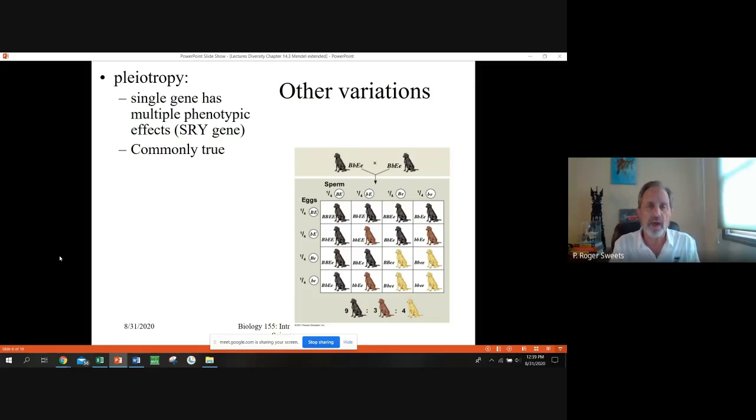And when this SRY gene kicks in, it has this whole cascading effect where, because this one substance is produced, it ends up changing all kinds of phenotypic results, essentially, to be honest, changing a female organism into a male organism, and all those effects that go along with that. So the SRY gene is one of the most common examples of that, but really most genes, or at least the substances they produce, may have many, many effects.